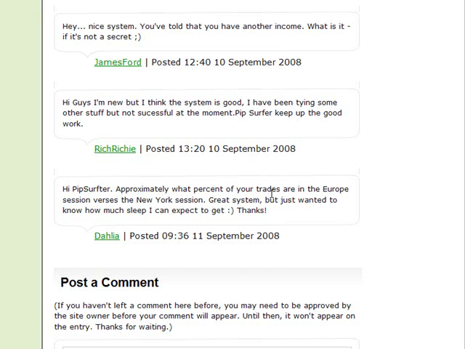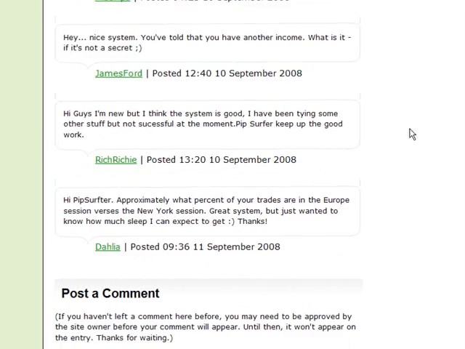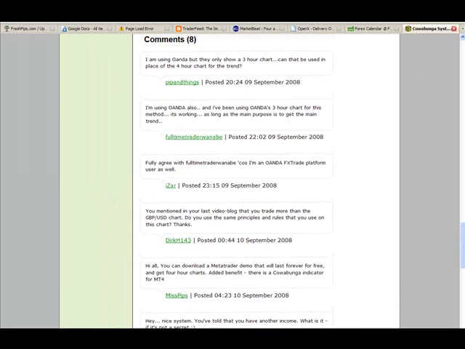But it's really mixed. I can't give an exact estimate. It can come from either session, and you don't want to lose too much sleep. Some charting programs let you set alerts so that they can wake you up, so you might want to go that route if you plan to trade the system. Okay, that was pretty much it for the comments.